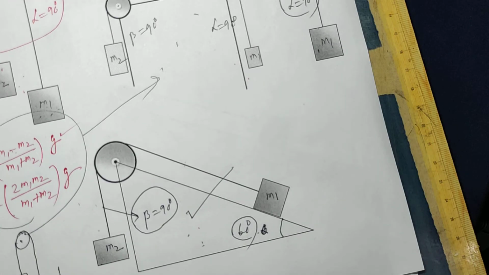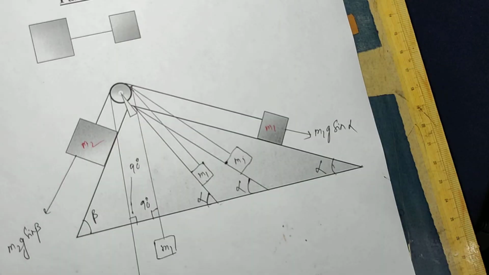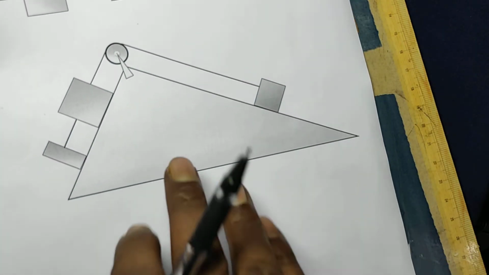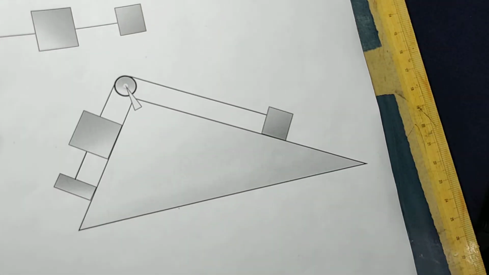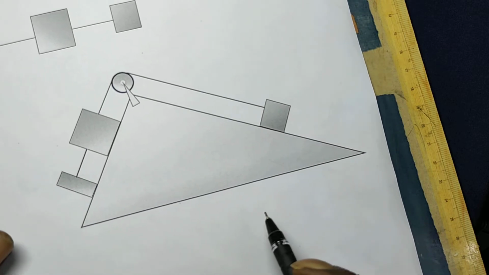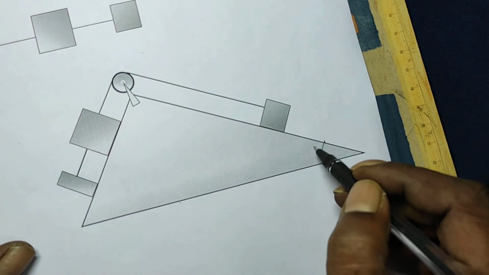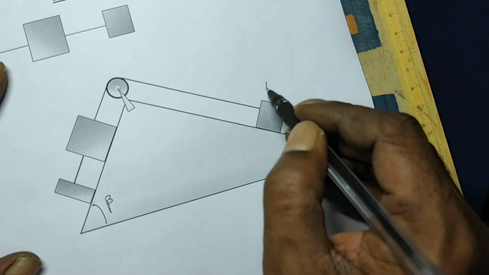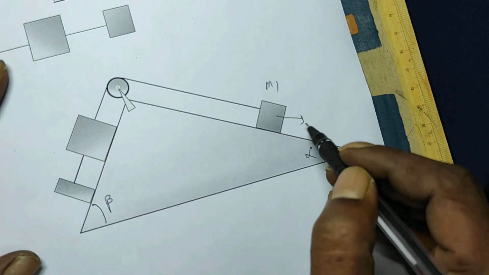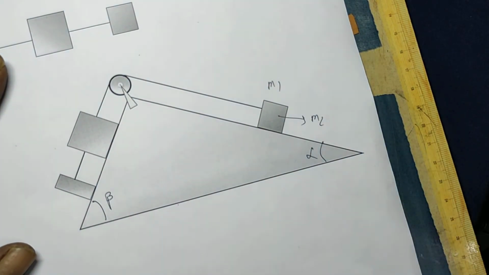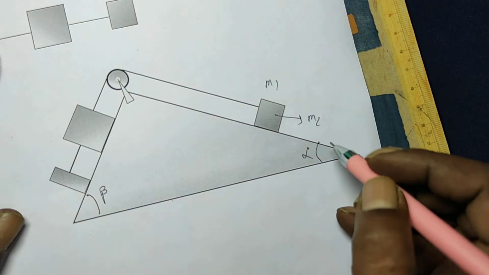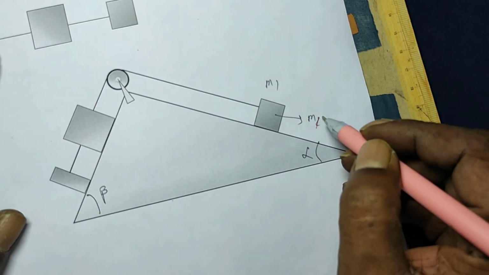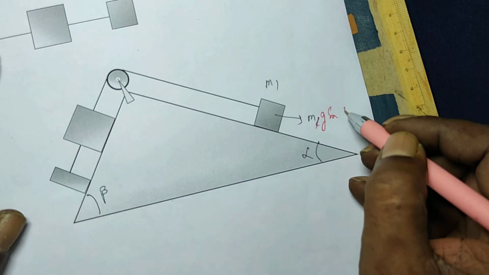Fine. So one more numerical problem that I will discuss. This one I will discuss later on, but I can explain to you the value of acceleration immediately. Suppose this angle is alpha, this angle is beta. So if this is M1, to this side will be your M1 times g sine alpha.